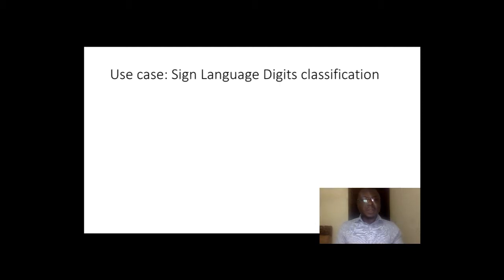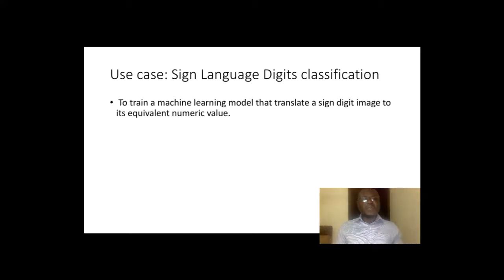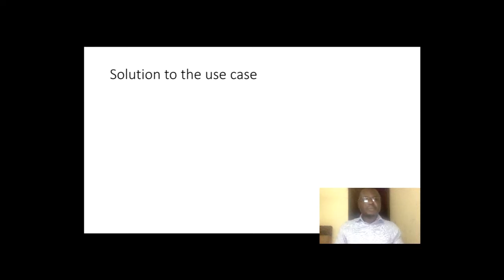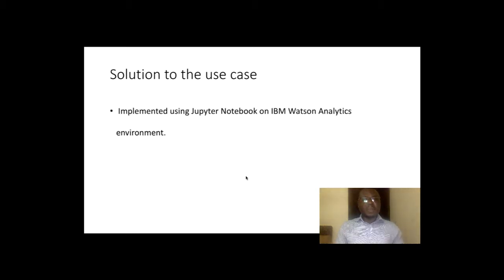So my use case is sign language digit classification. It is a supervised classification machine learning task, and it intends to train a machine learning model that translates a signed digit image to its equivalent numeric value. To implement this, we use Jupyter Notebook on the IBM Watson Analytics environment.